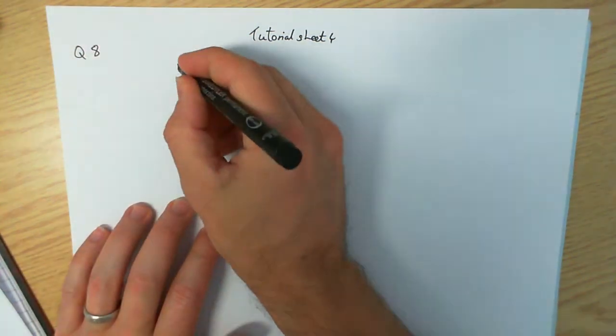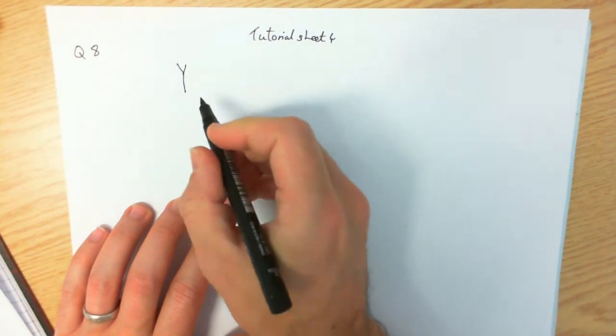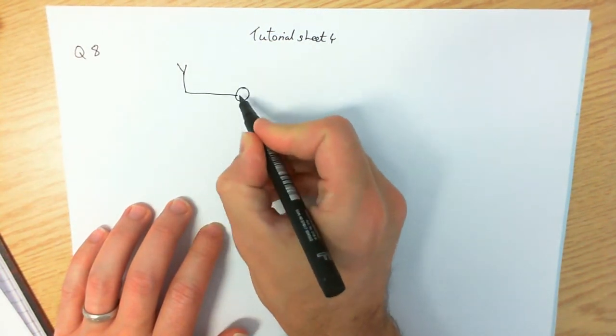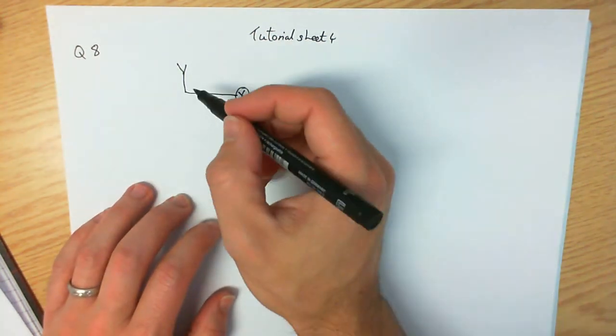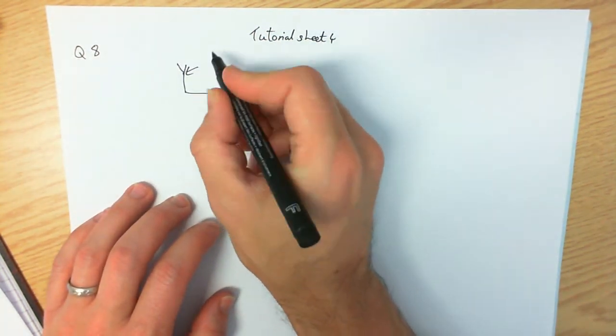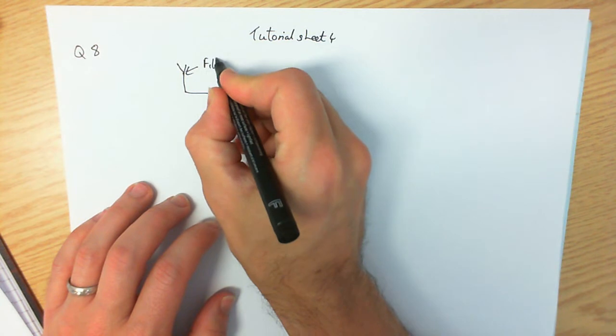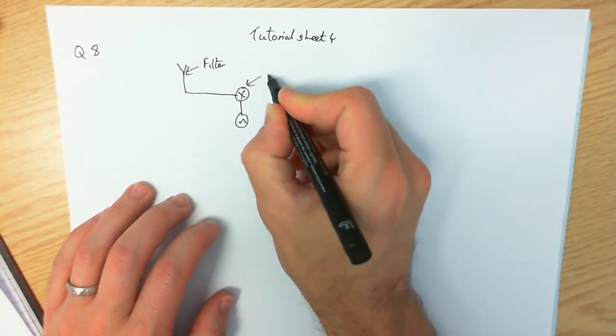So we're going to have an antenna going into our mixer. So this is the situation we've got. However, that antenna also includes a filter, and so does the mixer.